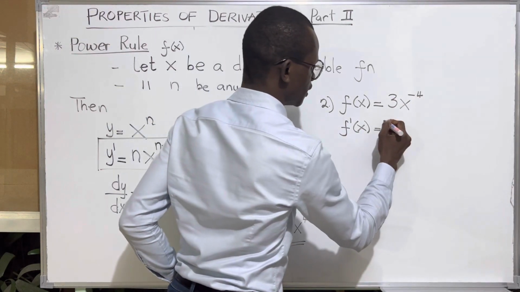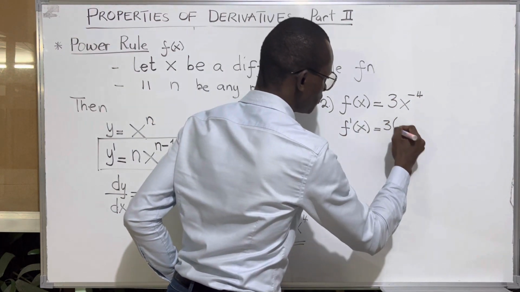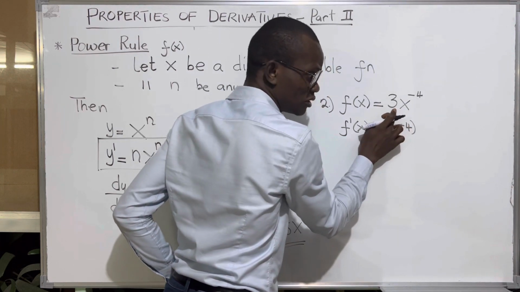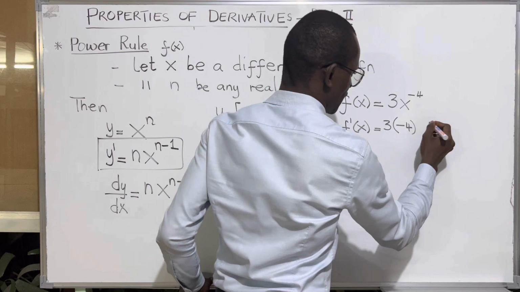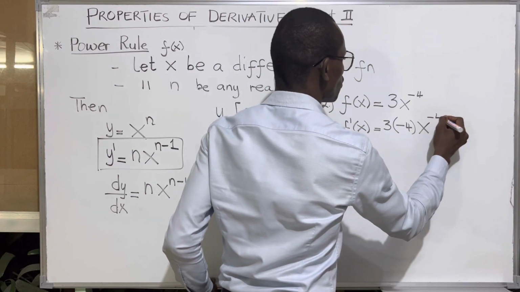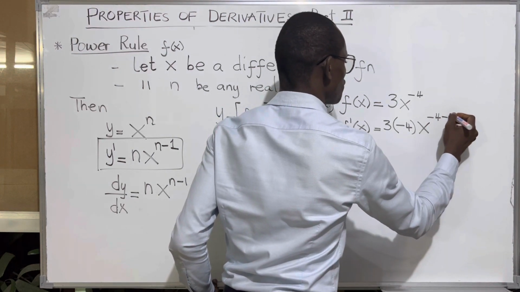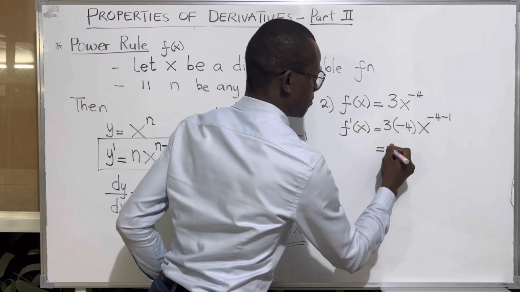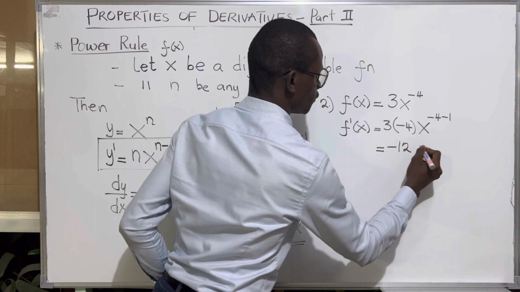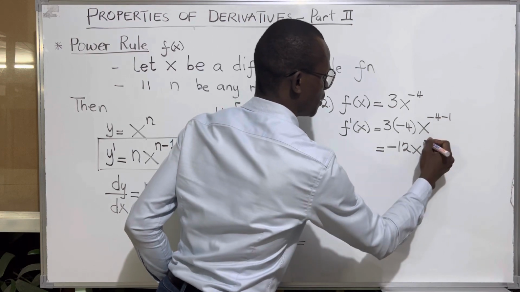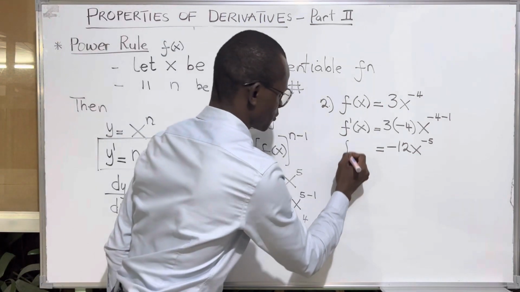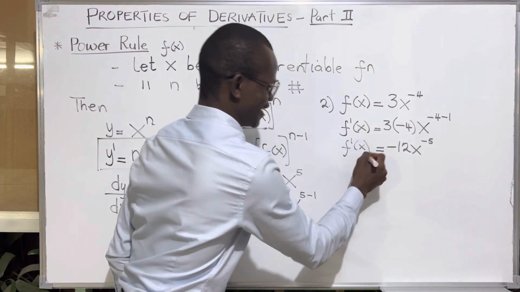Then we multiply. So we say 3 multiplied by this minus 4. Remember, we said you should bring this down and multiply by this expression, x raised to the power minus 4. Then we subtract 1 from minus 4. So this now gives us minus 12x raised to the power minus 5. Great. So this is f prime of x.